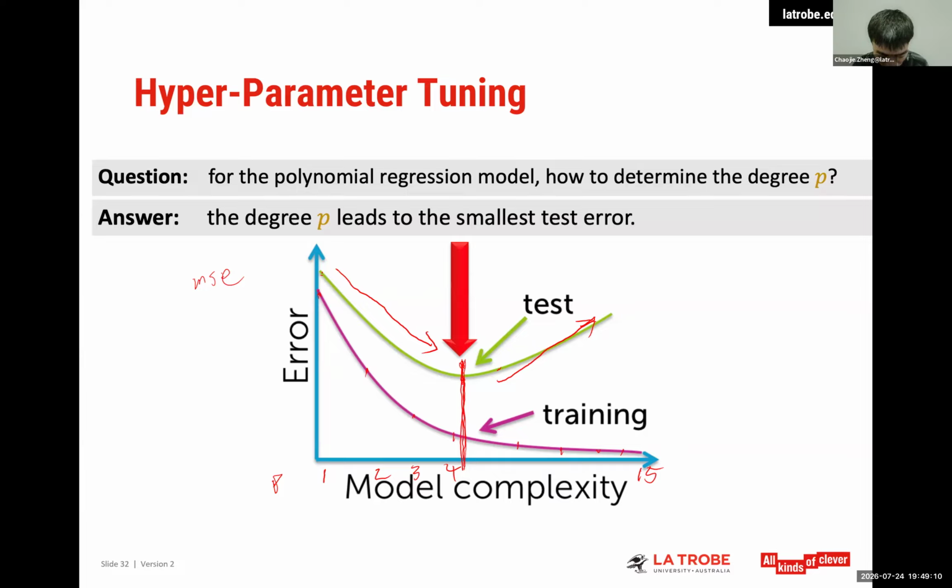Okay, so let's see. Just for your example, let's say we have in total 10 data samples, and we use, let's say, 8 of them for training, and we keep 2 of them as testing.